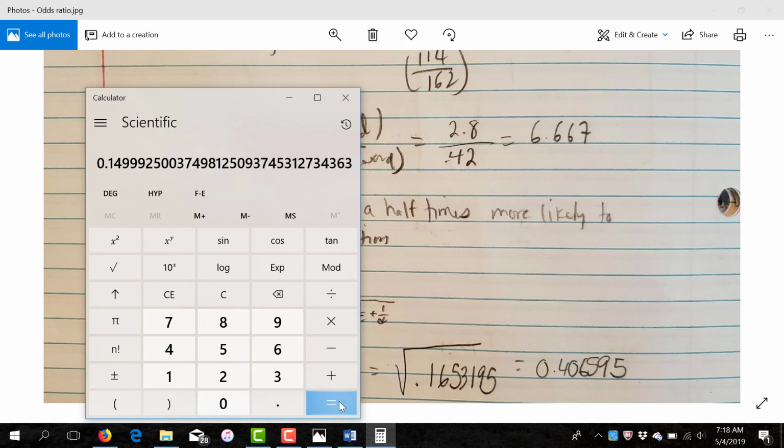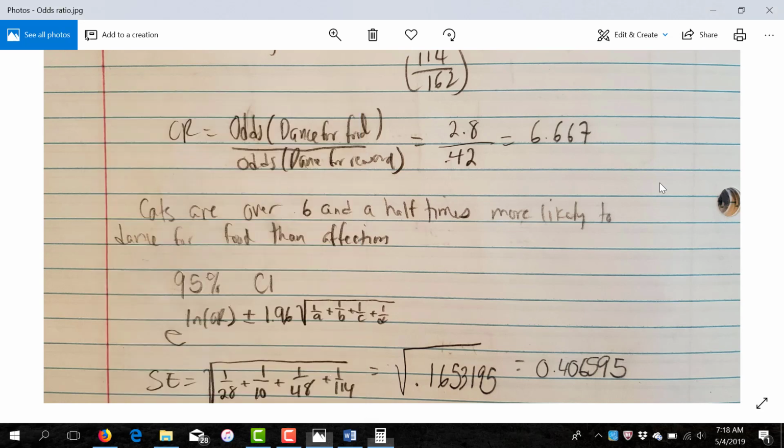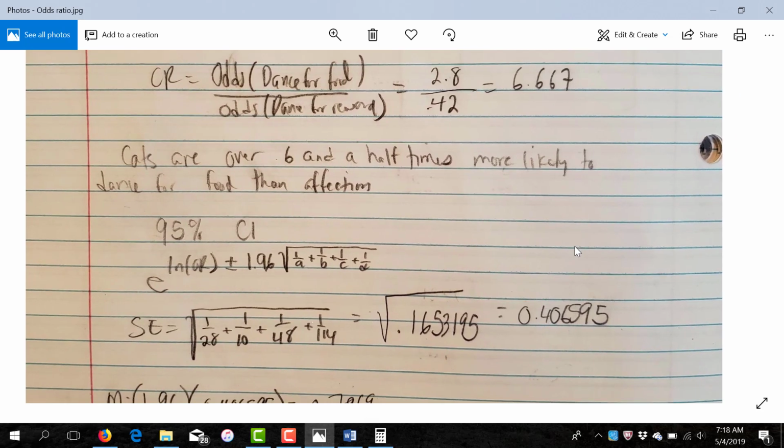Then I could say, I take 1 minus 0.15, cats are 85% less likely to dance for affection as reward versus food as reward. So I could do that as well. Sometimes you need to do that when you're doing a calculation.